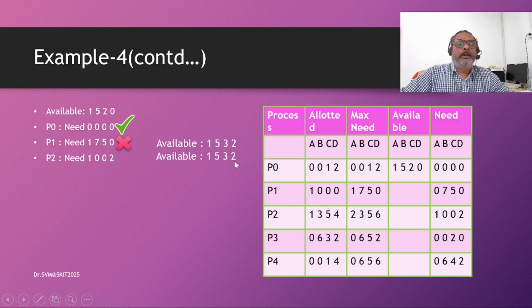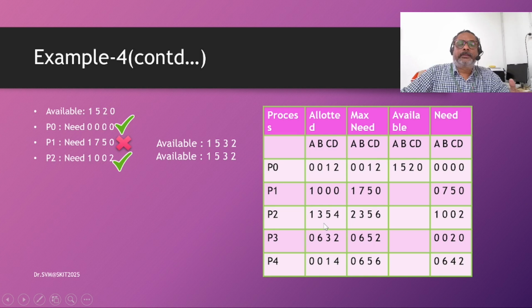So we can take up this job and allot 1002 to P2 from the available resources, and therefore P2 can start its work because it has got all the required resources, so it can complete its process, and then it will release 1354 units of A, B, C and D respectively, because they were held by P2 before its execution.